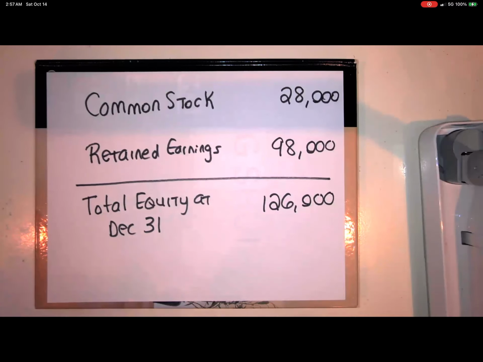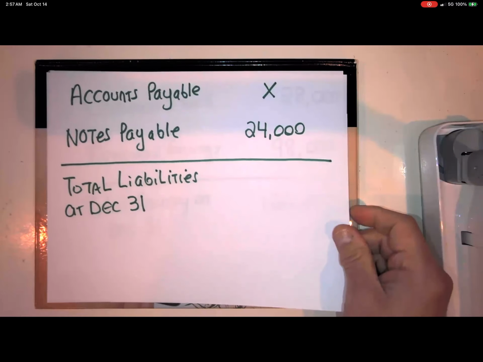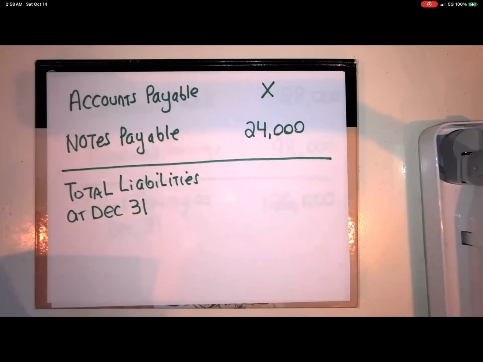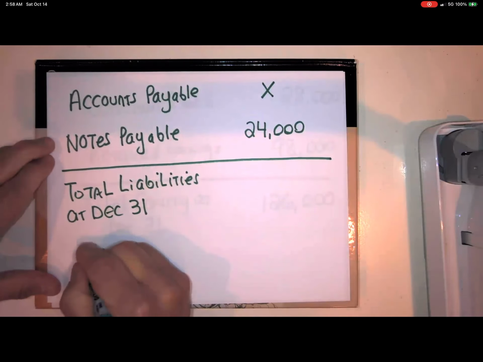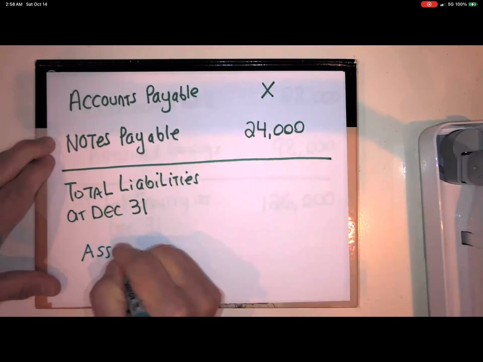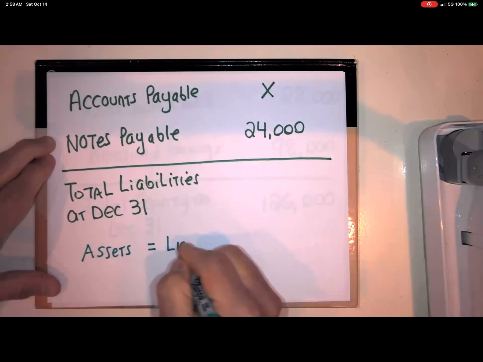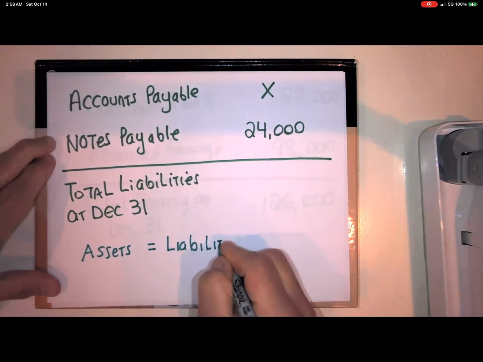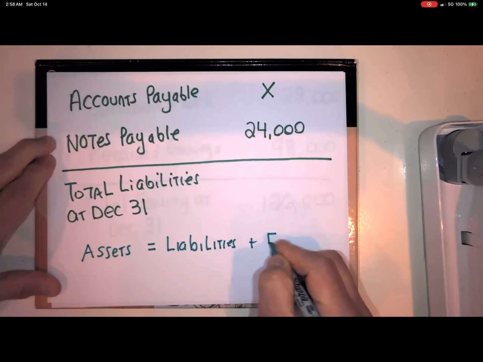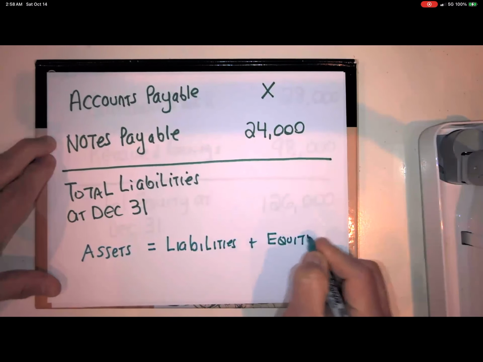And remember what the whole purpose of all this was. Ultimately, we needed to get to our total liabilities. And in order to do that, we were using the fundamental accounting equation, specifically assets equal liabilities plus equity.